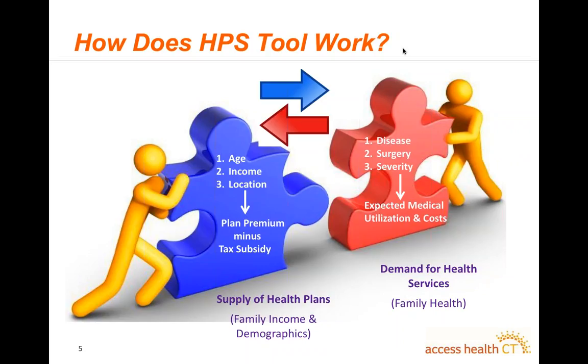that you know about the family, along with the fact that you know about the disease, about the surgery, about the severity of your family's health conditions, drive the expected or future utilization of healthcare.